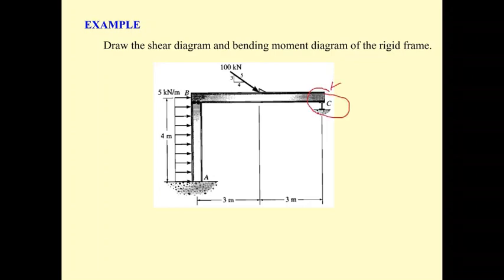This support is a roller, and the support at A is a fixed support, and we also have the joint here. This is a pinned joint.